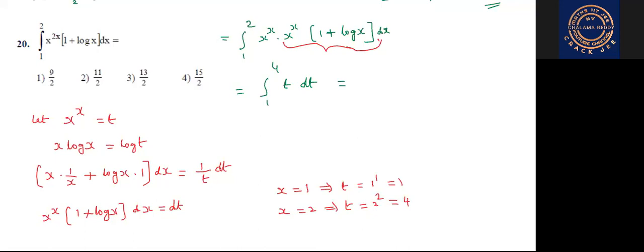Apply the integration, integration t dt means t square by 2, limits 1 to 4. Take 1 by 2 outside, apply the upper limit and lower limit, 4 square is 16 minus 1. So total answer is 15 by 2. Fourth option is correct.